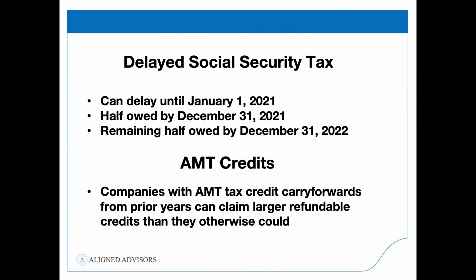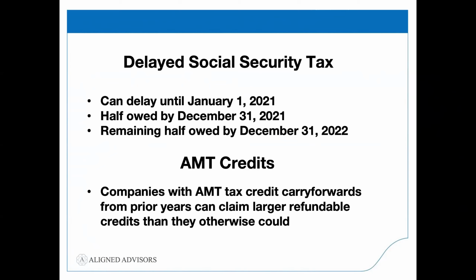The other one on the same slide is for AMT, that's alternative minimum tax credits. Probably doesn't apply to most of you, if any of you. Alternative minimum tax essentially went away starting in 2018, but for those who had that tax in the past, the Tax Cuts and Jobs Act, the new tax law that was passed at the end of 2017, created a credit for previous alternative minimum taxes that you get spread out over a number of years.